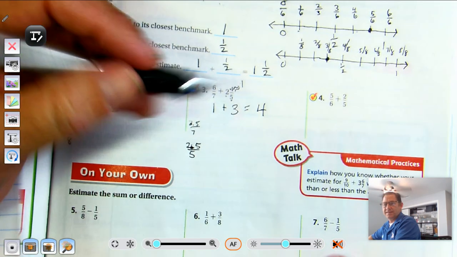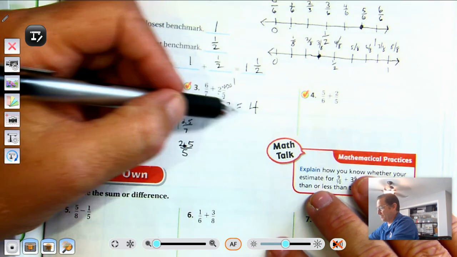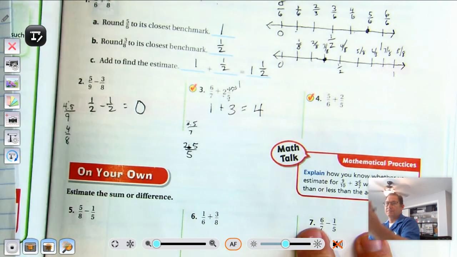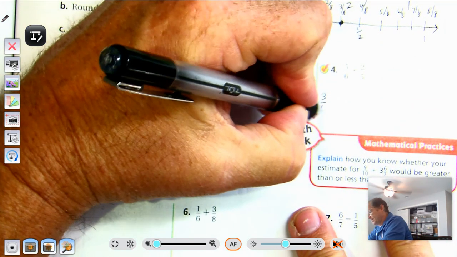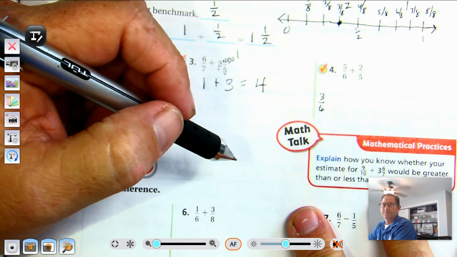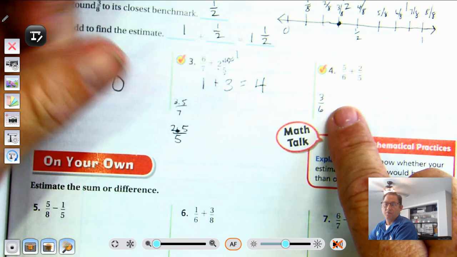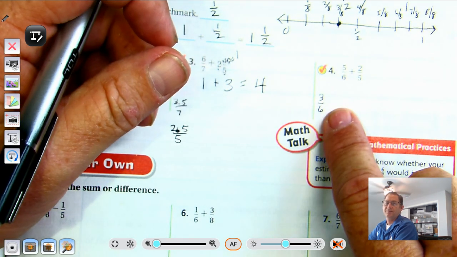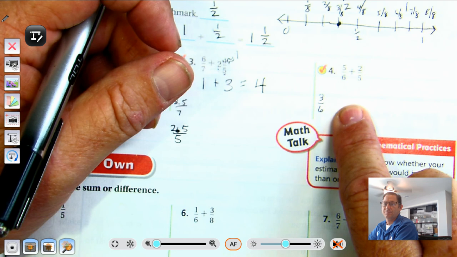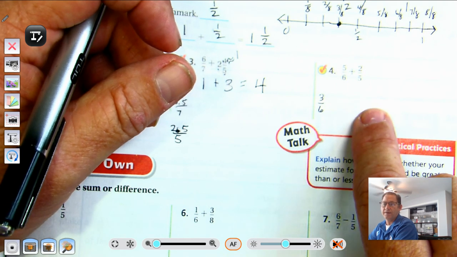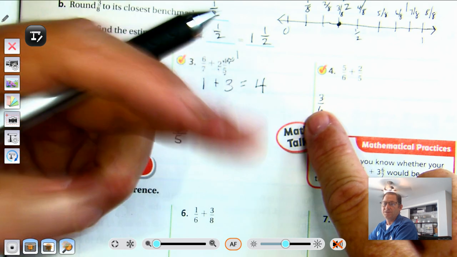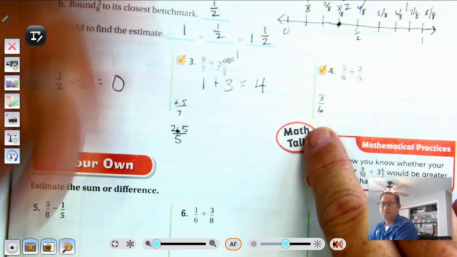All right, 5/6 plus 2/5. What's half of 6? Half of 6 is 3/6. So we'd go 4/6, 5/6, 6/6. Okay, so go from 5/6 to 6/6, that's only 1. To go back to 3/6 would be 2. Two spaces, right?